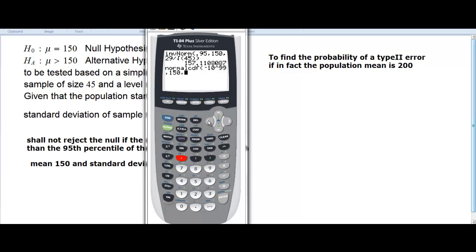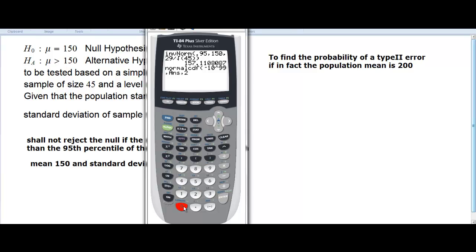And just a second, this is wrong. Our upper limit here is this value 157.11, which you can enter by pressing second answer, right?